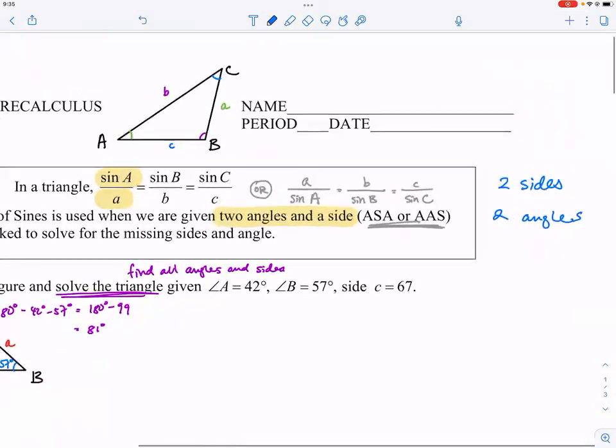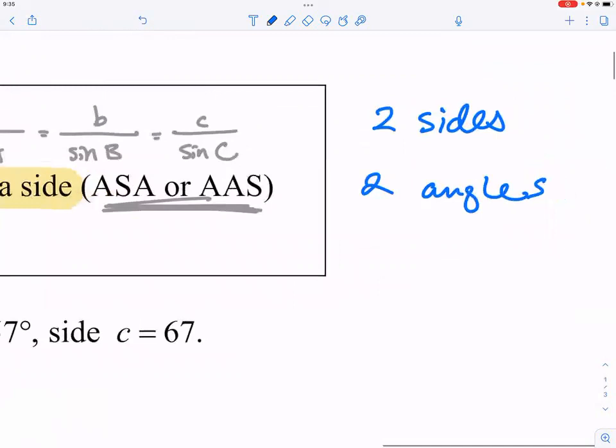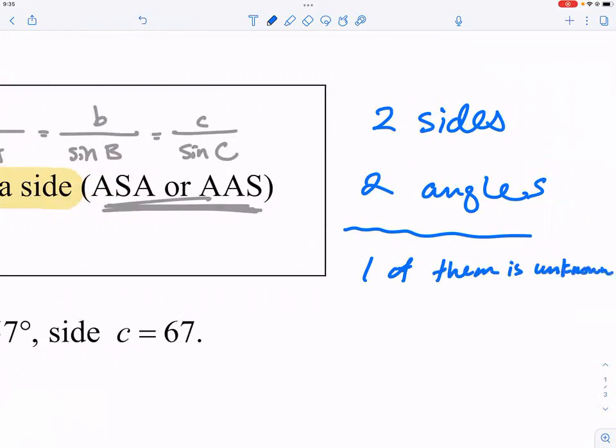Then you can use the law of sines to find out.